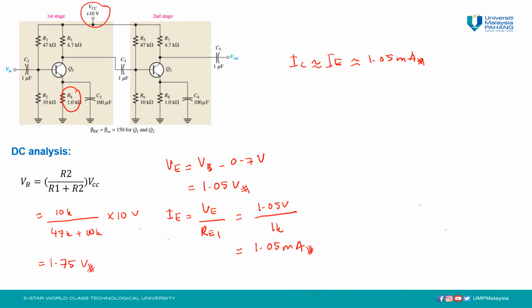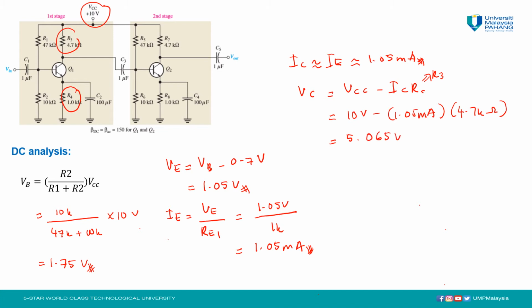So we can calculate VC, where VC is given by VCC minus IC RC, and in this example RC is R3. So 10 volt minus 1.05 milliamps times 4.7 kilo ohm. Finally VC is equal to 5.065 volt.